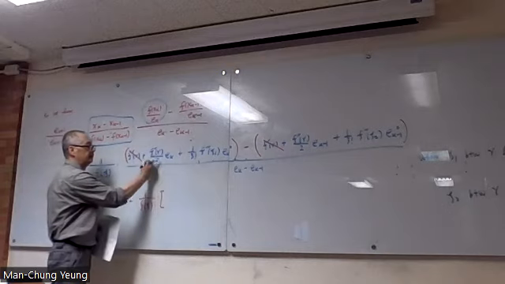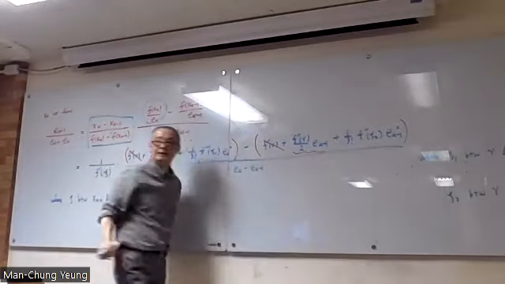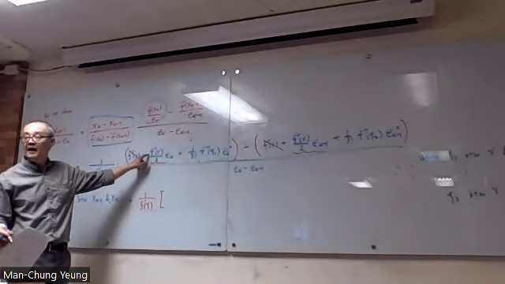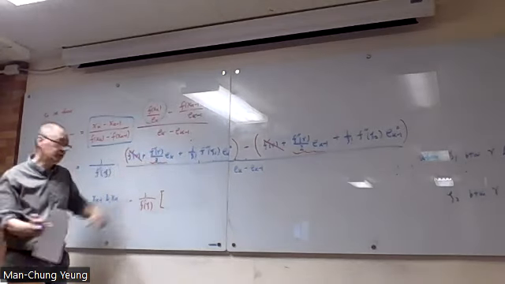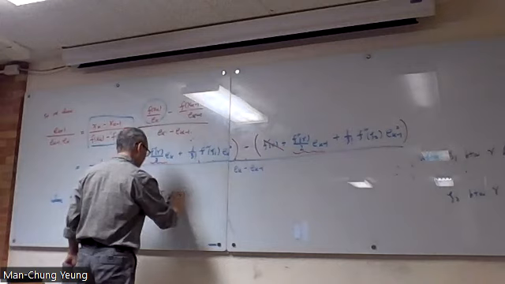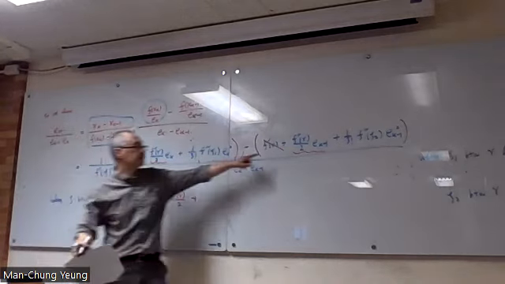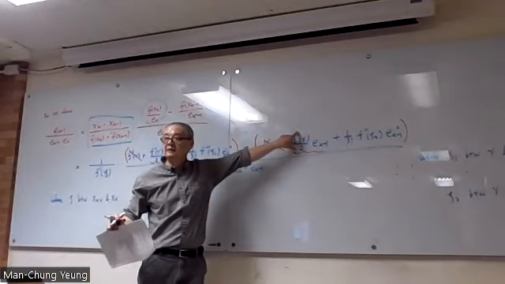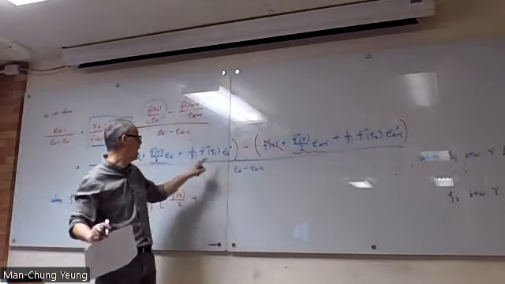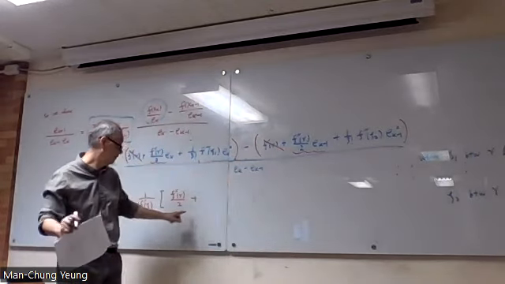This term and this term have a factor f double prime r over 2, then times e_k minus e_{k-1}. Don't forget.